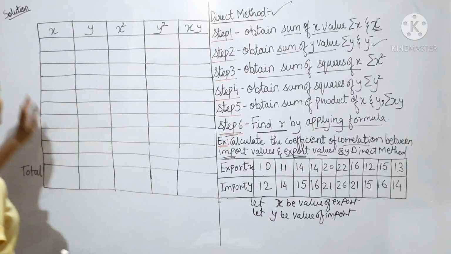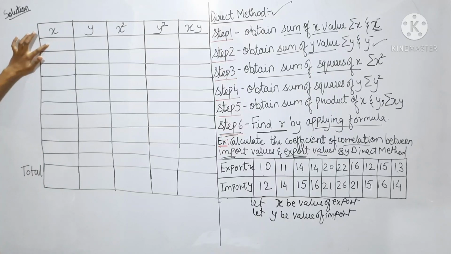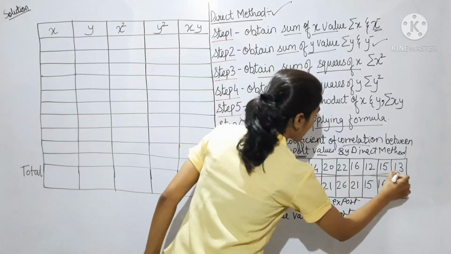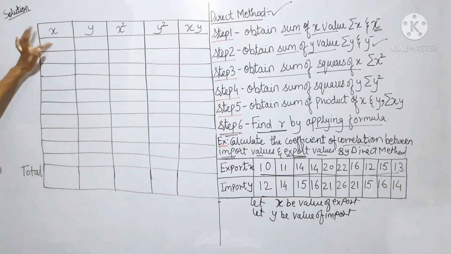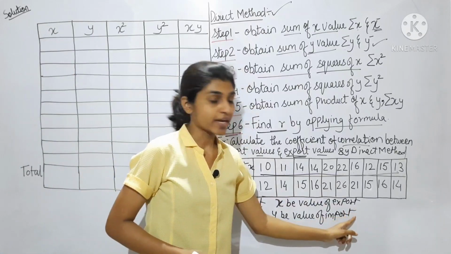Now after this, prepare this table. Already you have prepared the table. In the first column you are going to note down all the values of export under the heading x, because we have said that let x be the value of export.